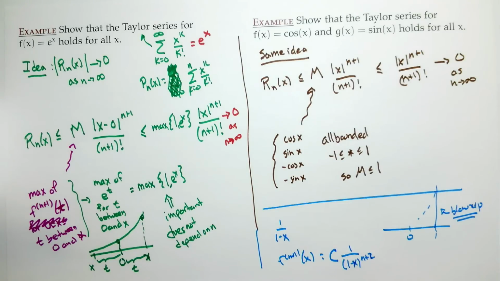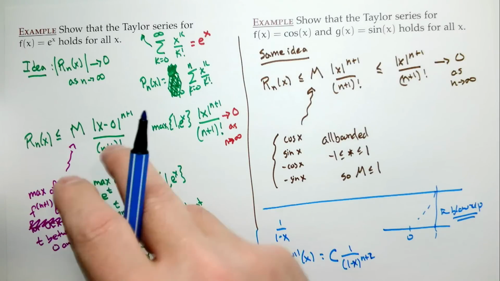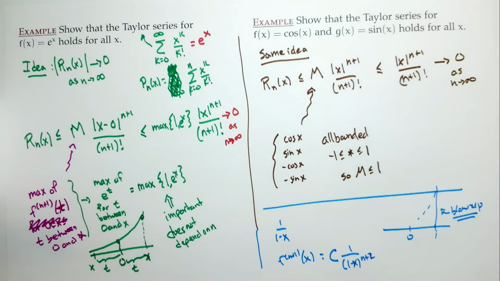And that's why there's a limitation as to what happens here. So again, something really special is going on with e to the x and cosine of x and sine of x. In fact, something kind of magical happens. And I think we'll do that story next time.